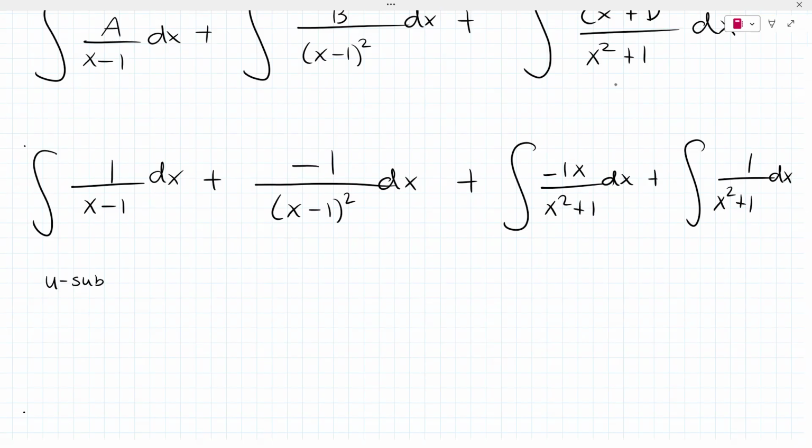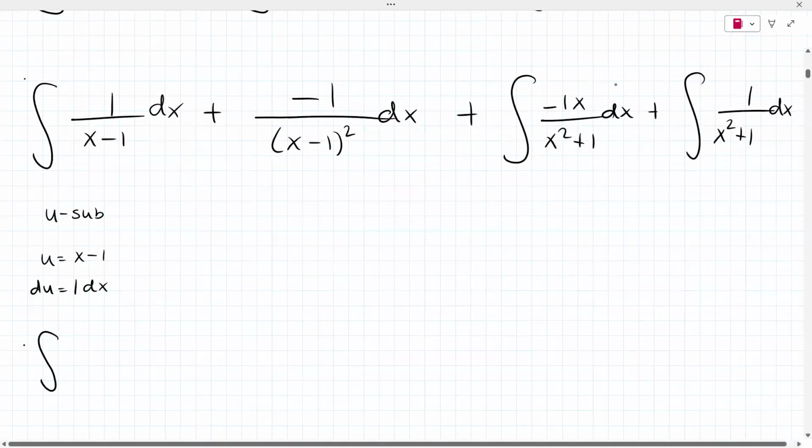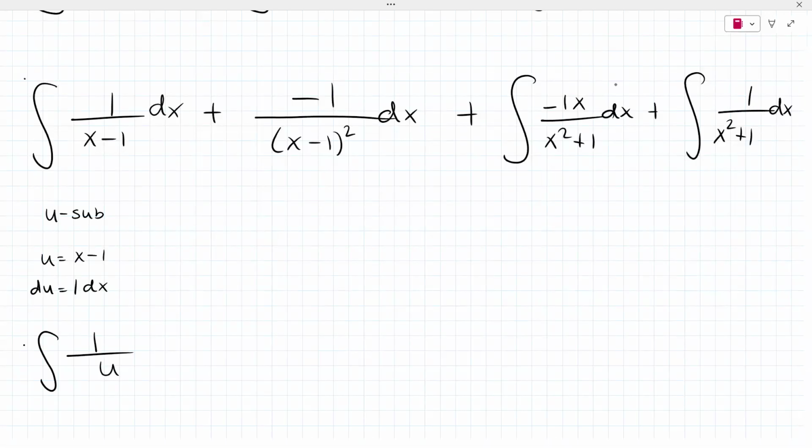And I will use u equals x minus 1 and du is 1 dx. So that's going to be the integration of 1 over u, and then you're going to replace 1 dx with du.